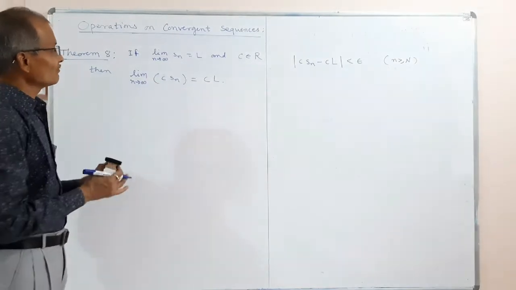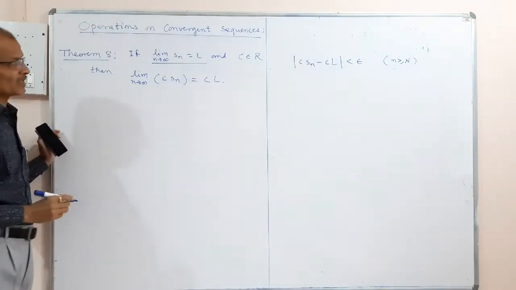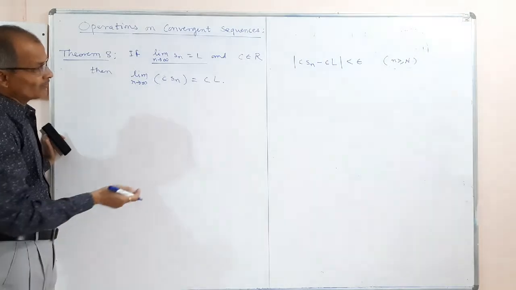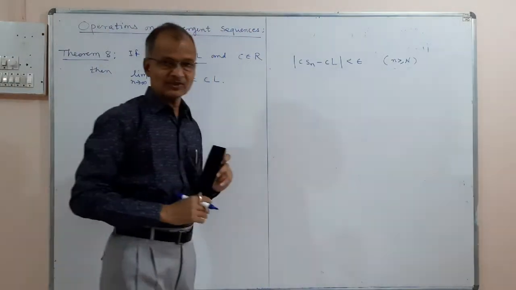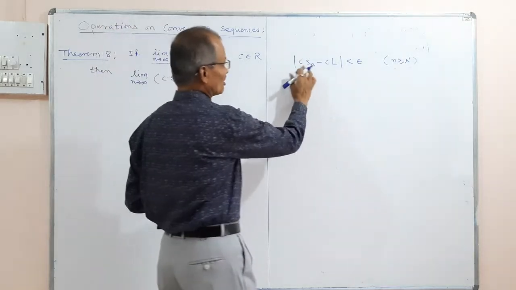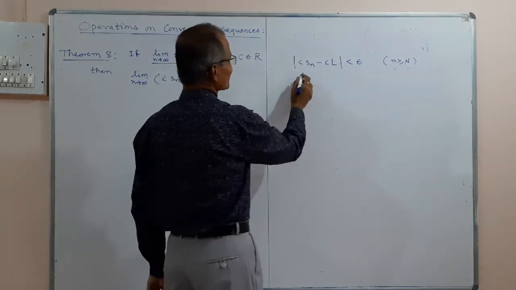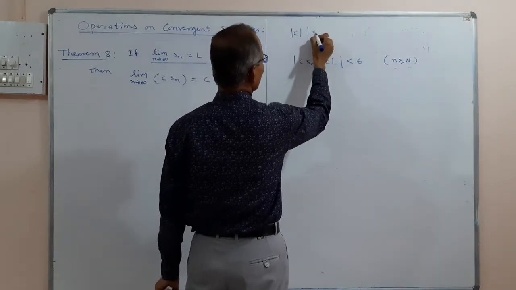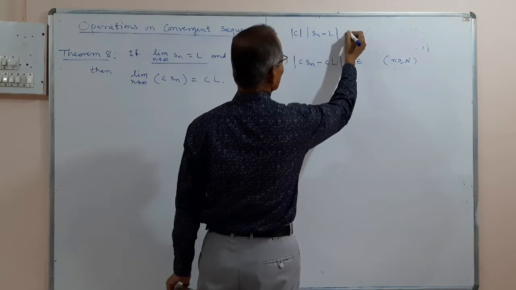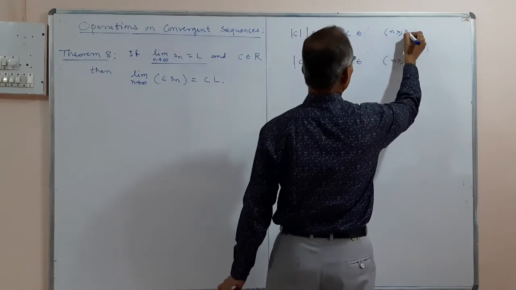To prove this, we use the given, that limit of Sn is equal to L. Tracing in reverse steps, C is a constant and can be written outside, so this will be mod C times mod of Sn minus L is less than epsilon for n greater than or equal to N.